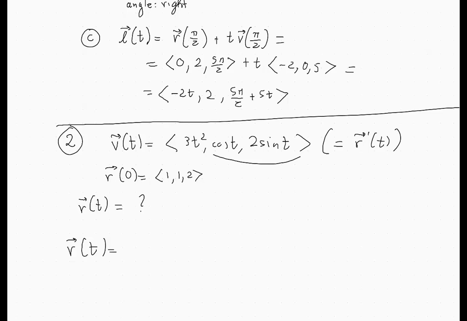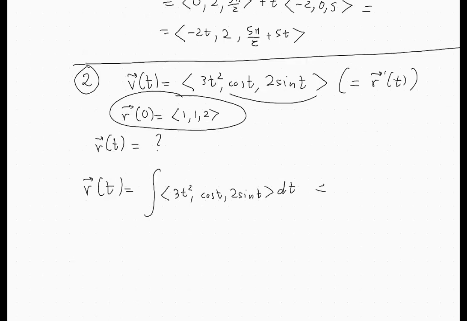So we want to find the integral of 3t squared, cosine t, 2 sine t dt. We need to integrate in each of the components. So we're going to get t cubed here, sine t, that's the antiderivative for cosine t, and an antiderivative for 2 sine t is negative 2 cosine t.